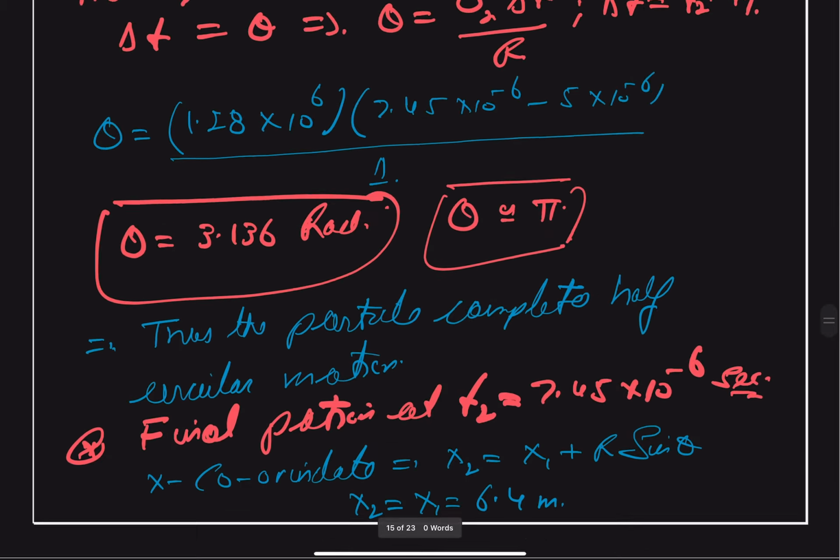So we find out the z coordinate, which we wrote as z2, will be equal to r minus r cos of theta.